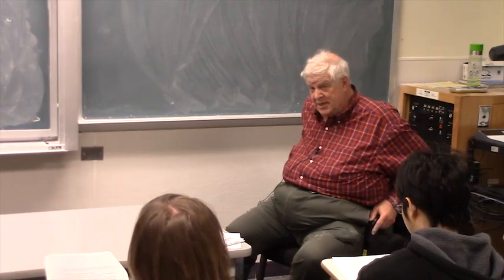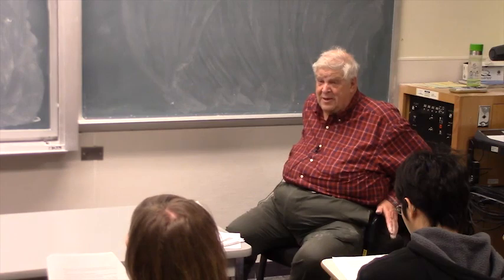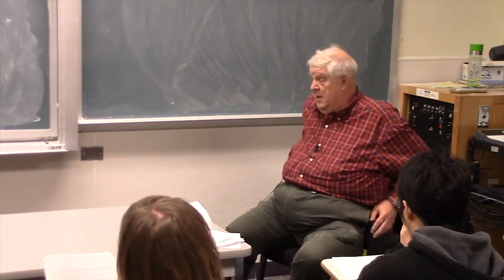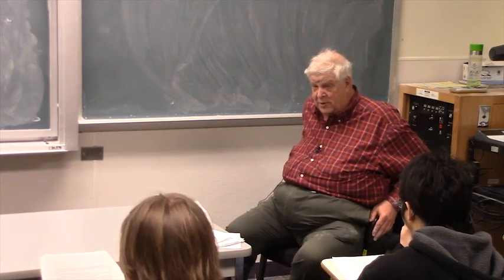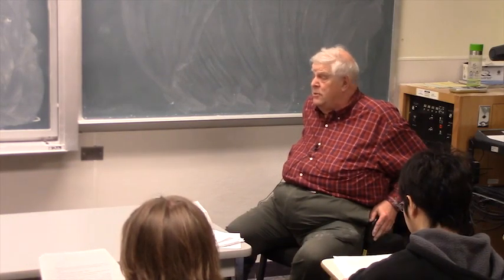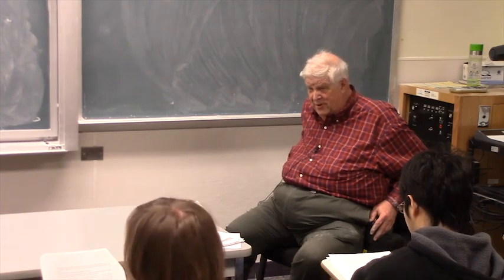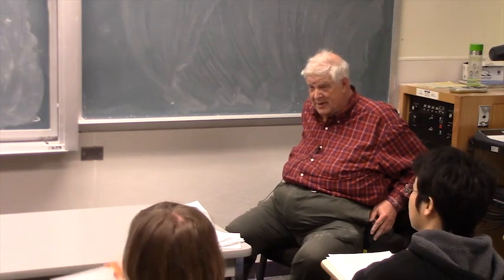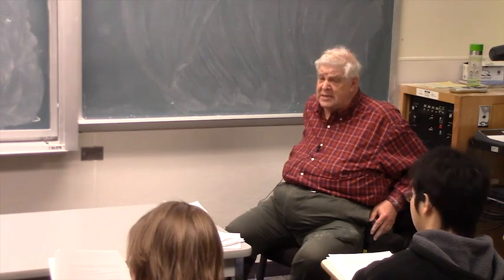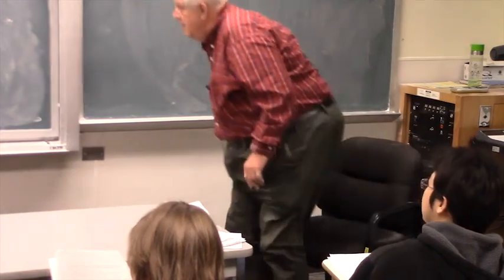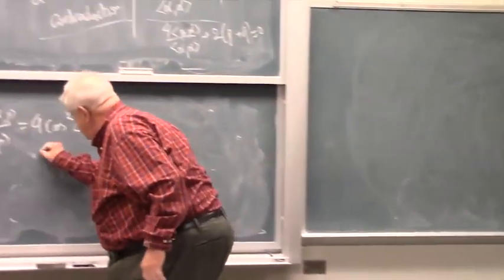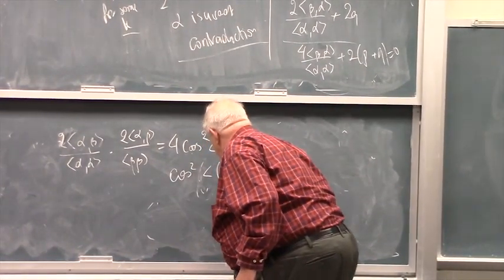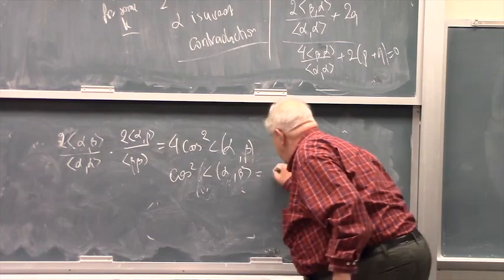If we drop this case, because we know all cases when alpha and beta are proportional, then this number is less than 4. Do you know many integers which are less than 4, positive integers? I personally know only 0, 1, 2, and 3. So 4 times the square of cosine is one of these numbers.